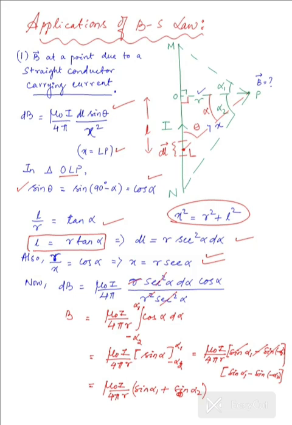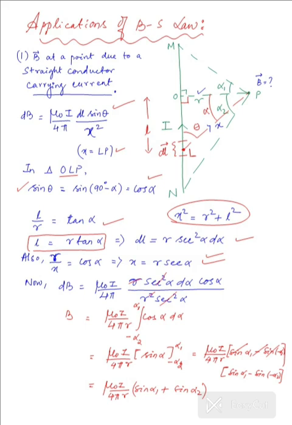So we have this condition over there, and that's been obtained. So that's the value of the magnetic field intensity due to that straight conductor.